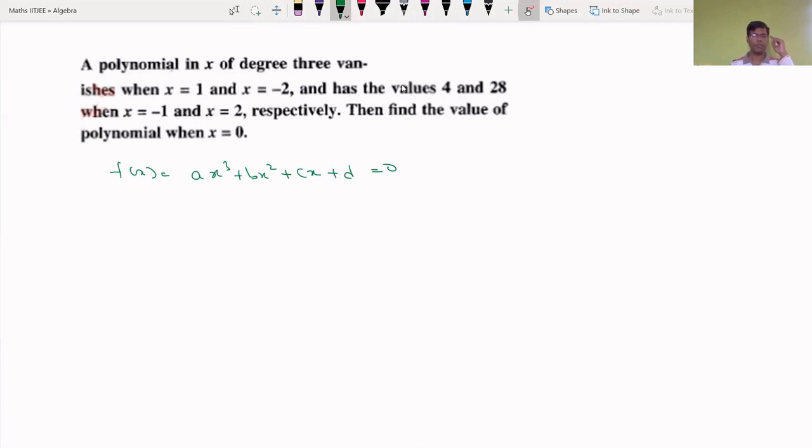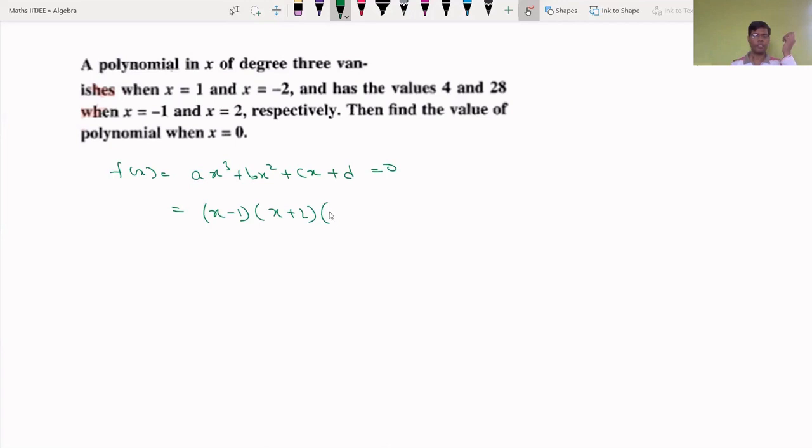Otherwise, another way we can approach this question is, because we know that x is equal to 1 and x is equal to minus 2 are the roots of this particular equation, this equation can be rewritten as x minus 1 multiplied with x plus 2, and I don't know the third root, but because he has mentioned it has degree 3, I know that there has to be a root.